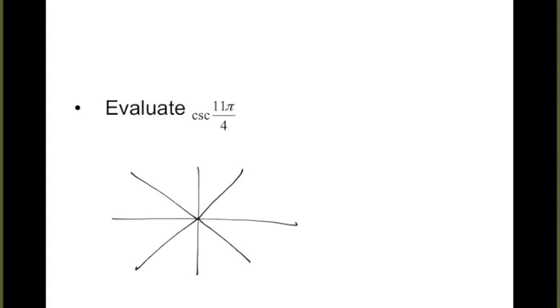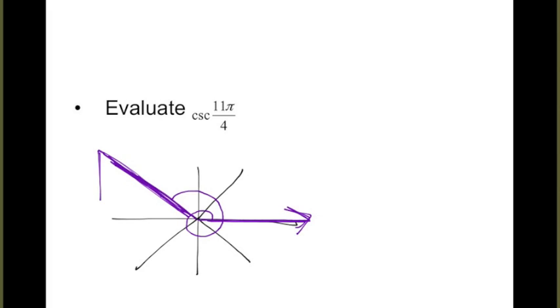To graph our angle, we start at our 0 line. The top tells us how many pieces to go. We want to go 11 pieces. A circle is 8 pieces, and then 9, 10, 11 pieces lands us over here. And we're going counterclockwise for a positive angle.